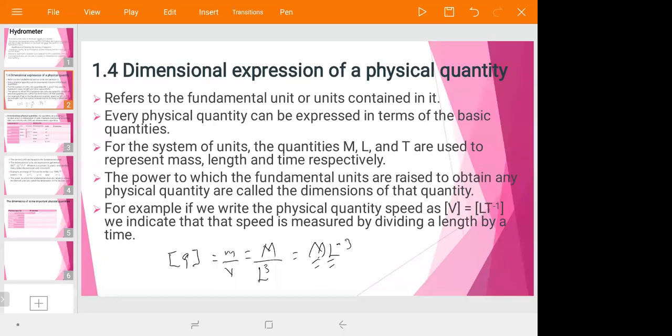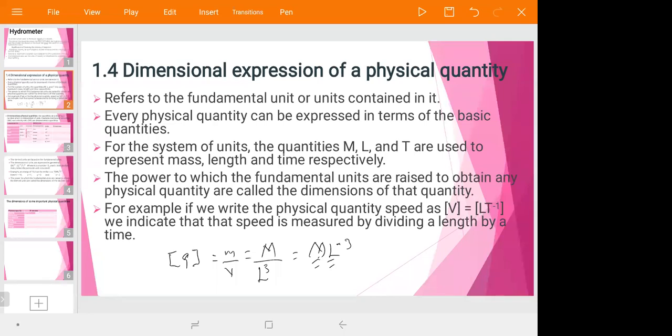That means speed is equal to total distance per unit time, or distance divided by time. So every physical quantity can be expressed in terms of basic physical quantity. When we express it in terms of basic physical quantity, we can express the dimension of that physical quantity.